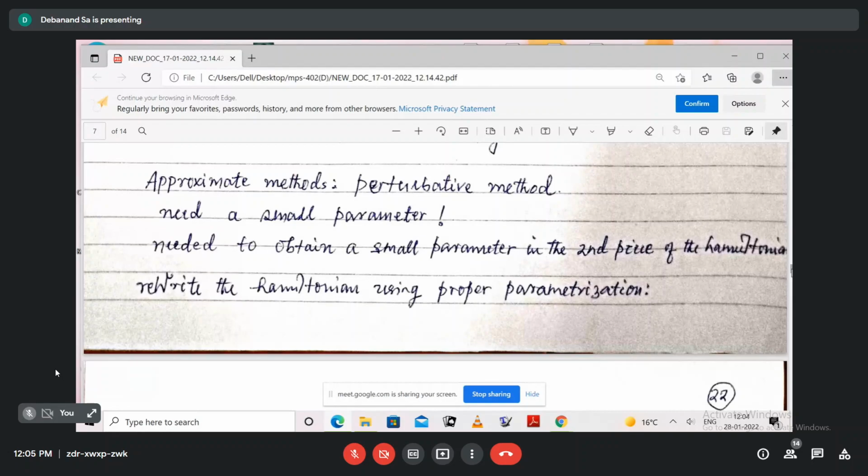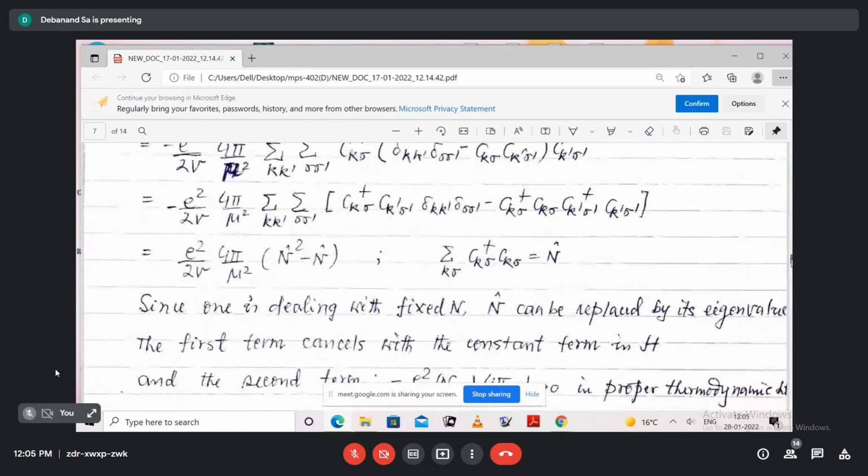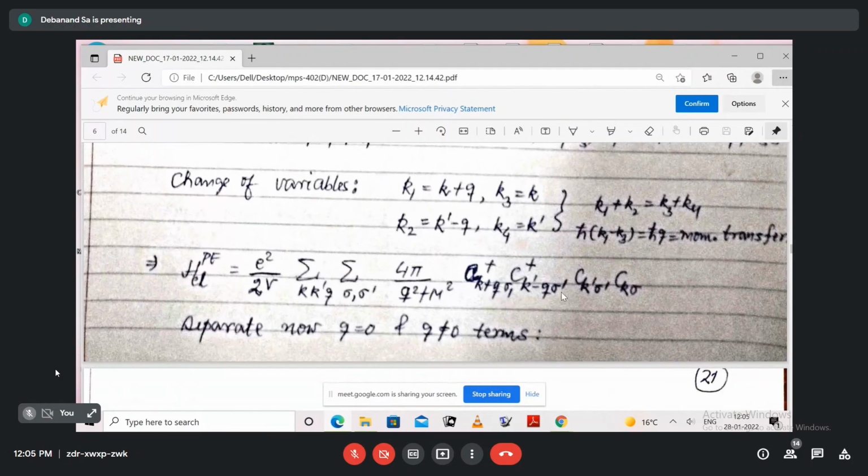सर ऊपर जहाँ पे म्यू टेंड्स टू 0 किए हैं, वहाँ पे शायद एक दो क्वांटिटीज और कुछ अप्रोक्सीमेट किए हैं, वो समझा दीजिए. हाँ नहीं, यहाँ मैंने जैसे see whenever I did this Coulomb potential part, तो यहाँ there's a factor of q square plus mu square in the denominator, 4 pi by. So what I said was, we have a piece here which is there after summing over the bosonic term.